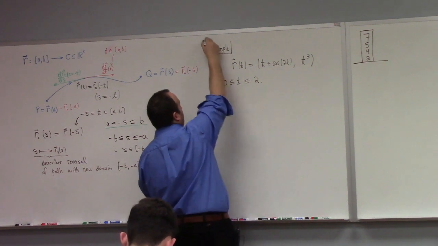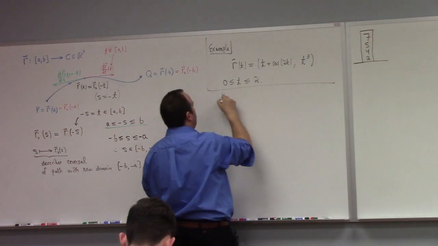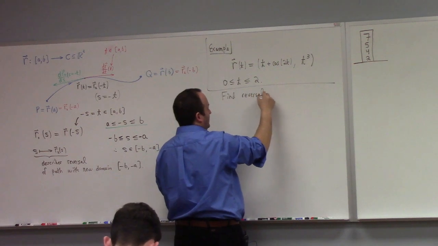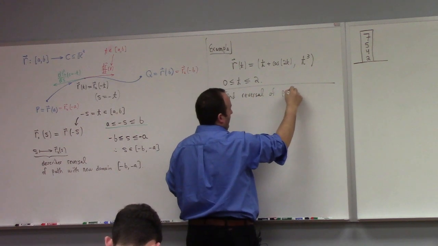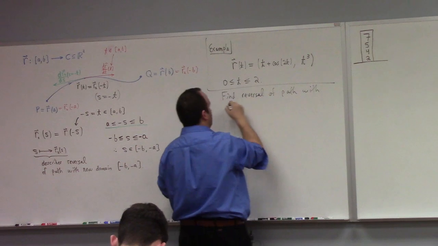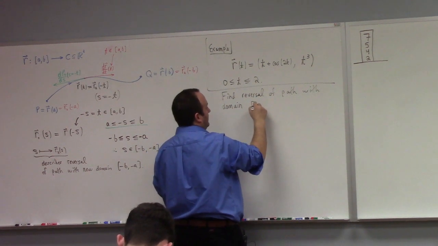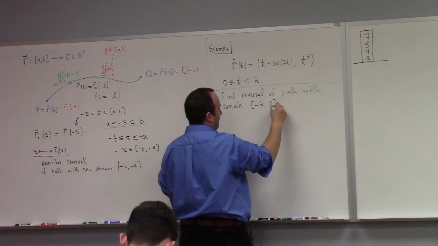I want to find the reversal of the path with domain minus 2 to 0.